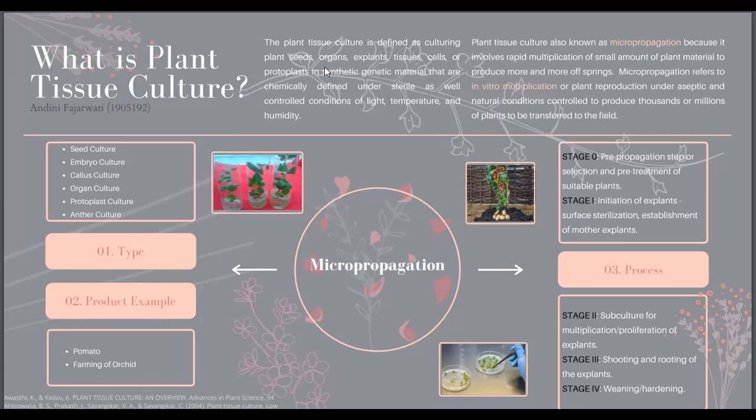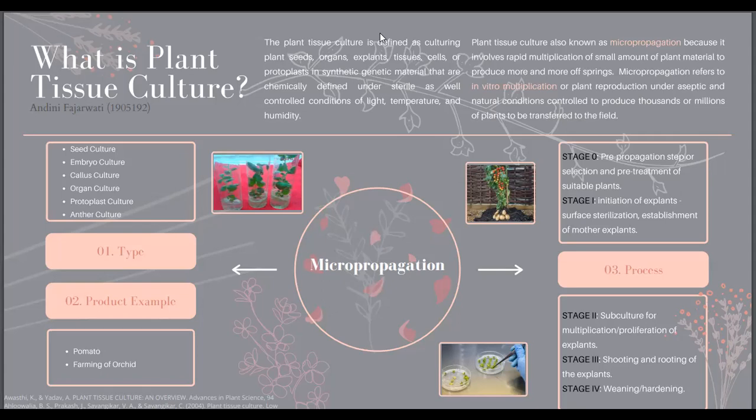So we choose the best of the plant. Probably it can be done for all of the plants, but it has to undergo the step of screening.